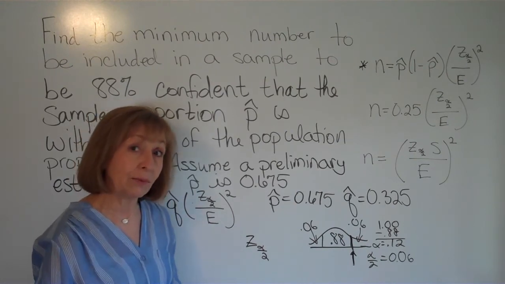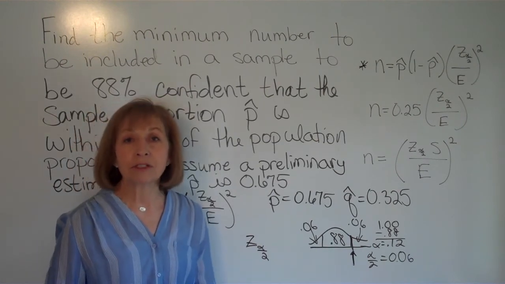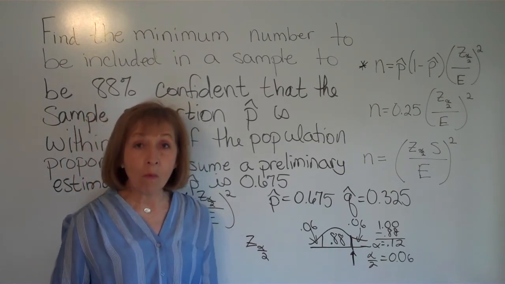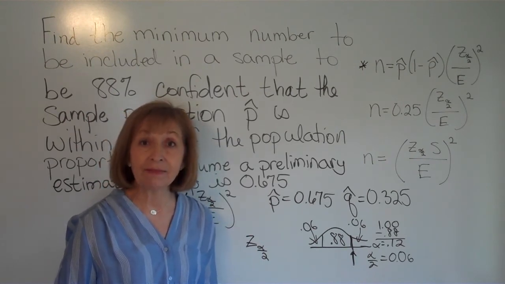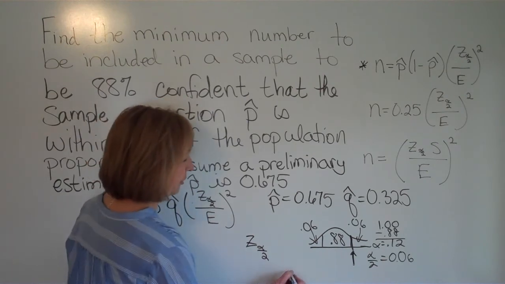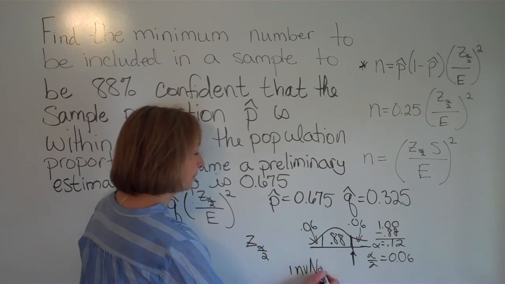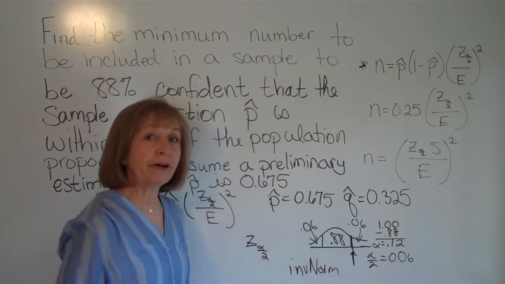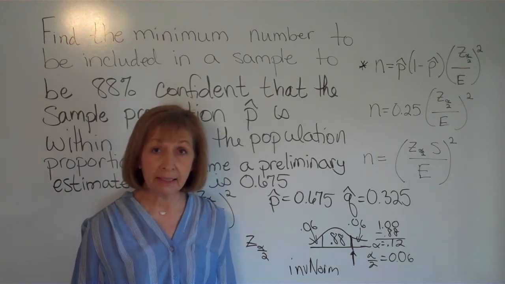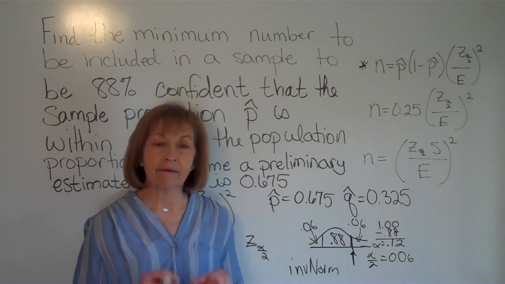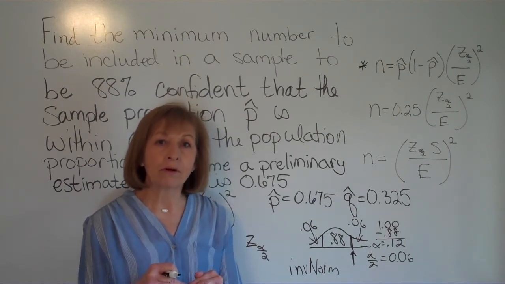Now to get that, when you have the area and you want the z-score, you either read the normal distribution table backwards, or you can look at a TI-83, TI-84 calculator and use what's called the inverse norm operation. And the inverse norm, you find on the TI-83 or TI-84 by pushing the second button and then the button that is VARS on the top of the button and DISTR on the board of the calculator.